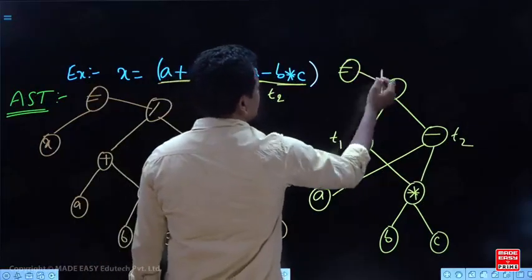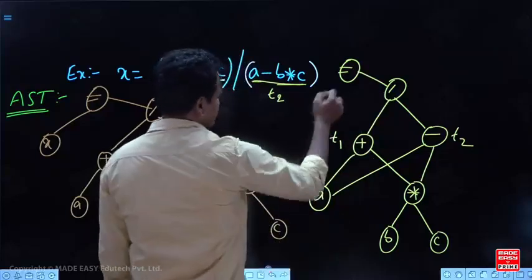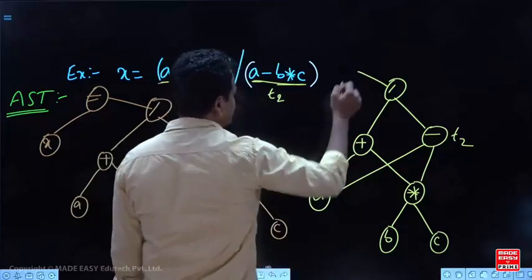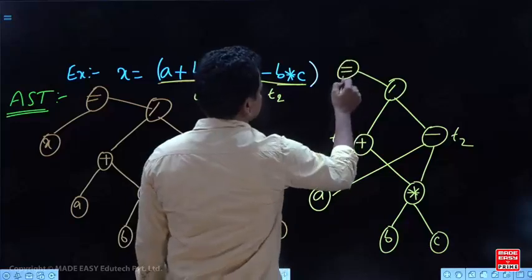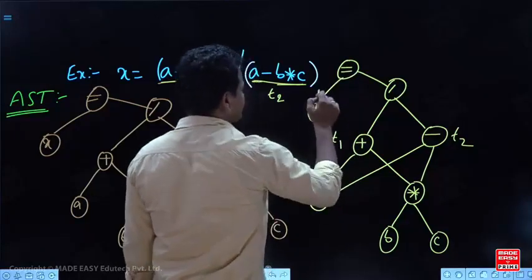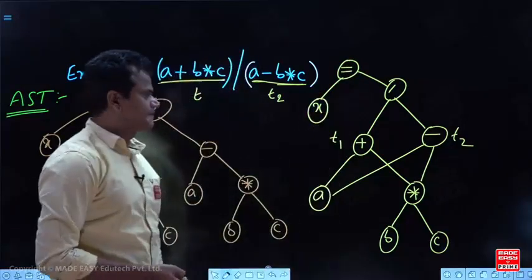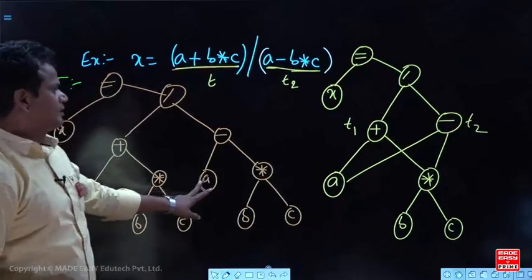So X, is it created? No, it's not yet created. So if it is not yet created, you just go for the creation of the node. Now this is X. If it is created, we will make use of that. So that is the DAG.